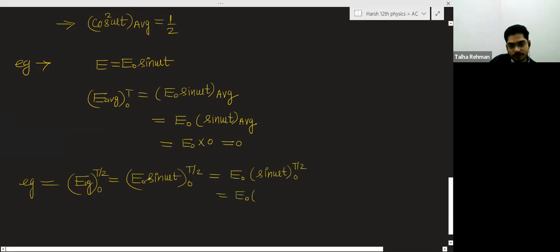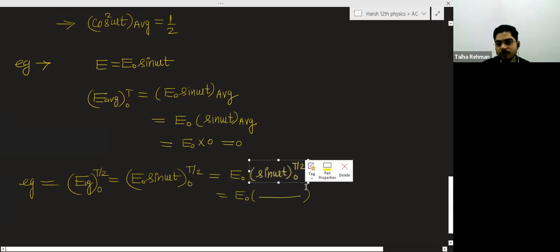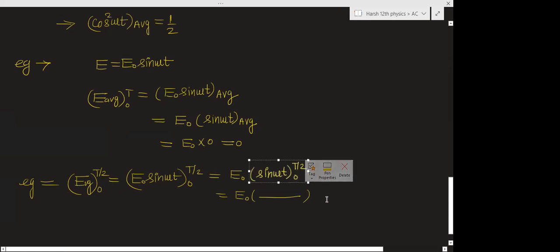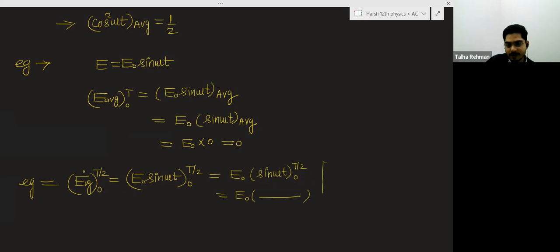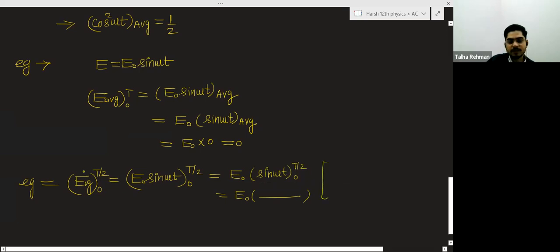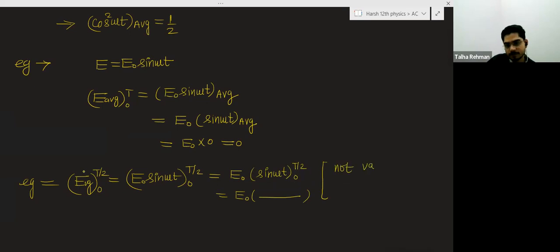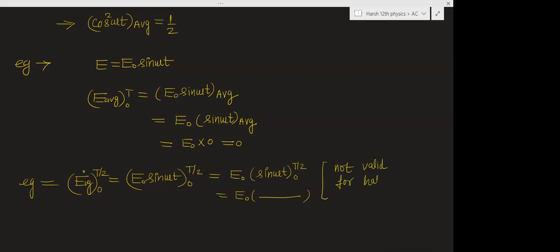This value we can find with the help of integration only. So I have written here that this trick will not be valid for half cycle.